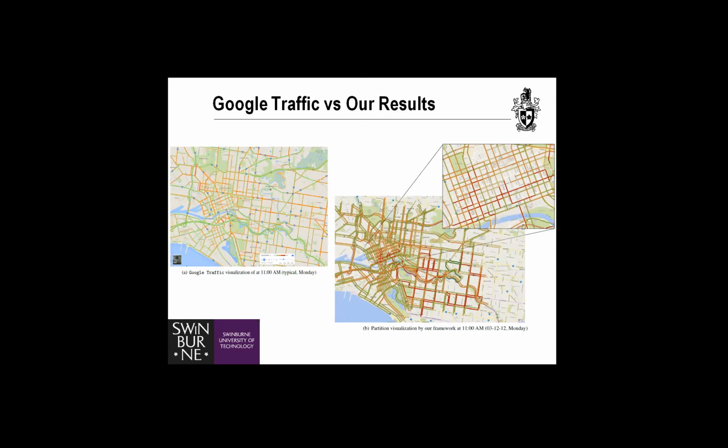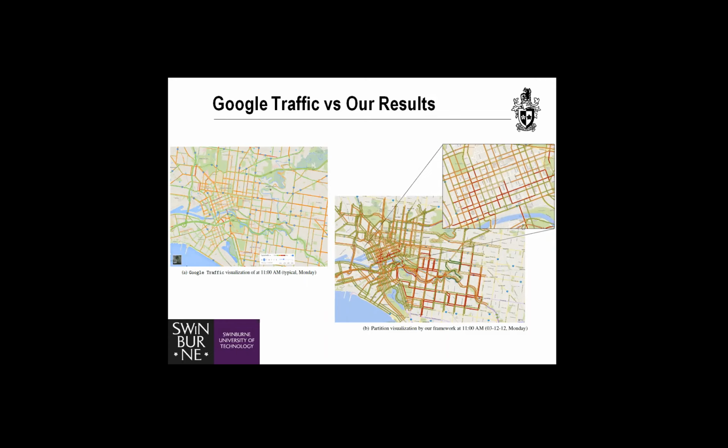One thing we see here is that even though two road segments are shown in the same color, it does not necessarily mean that they result from the same congestion. They may not be connected, they may not be a result of the same congestion.